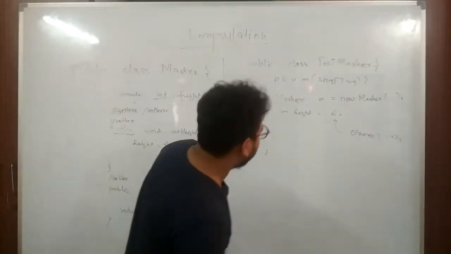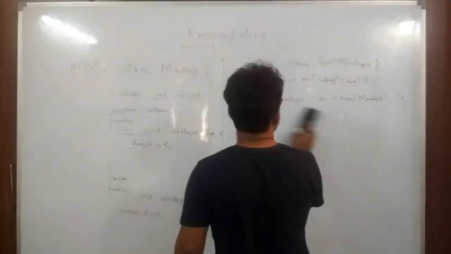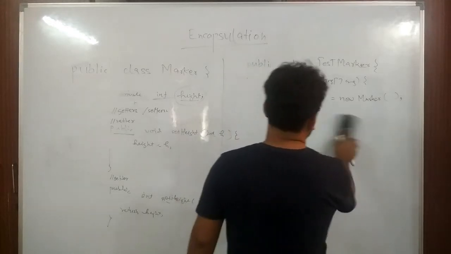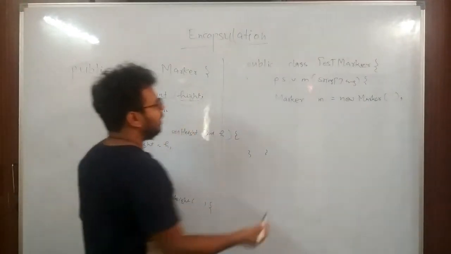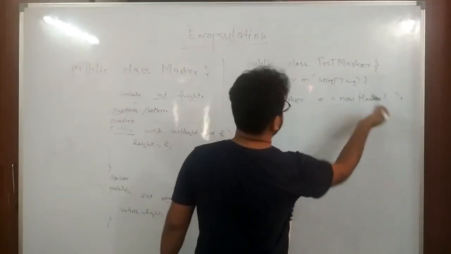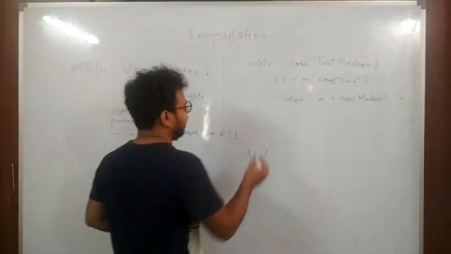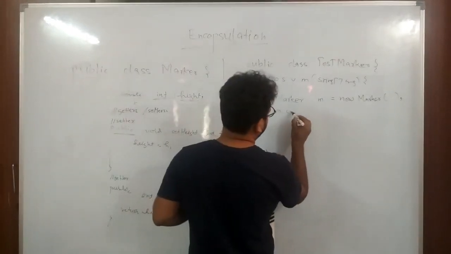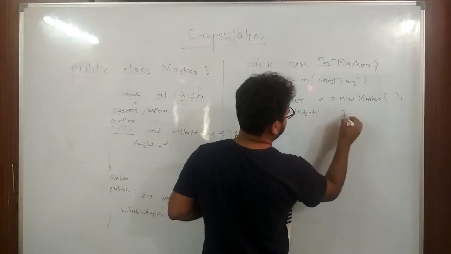Okay, so let's see how we can access and modify the height of this marker and restrict the height. So here we have the same m is equal to new Marker. Now we are going to call this method m.setHeight.